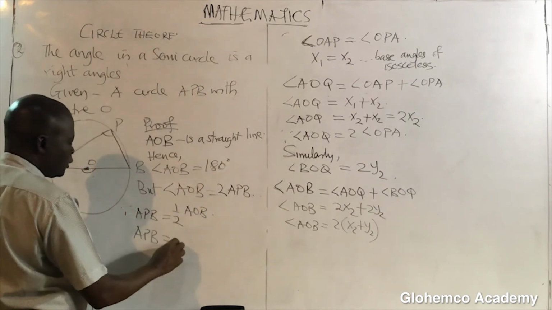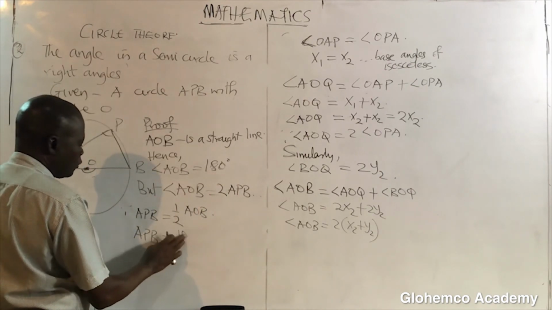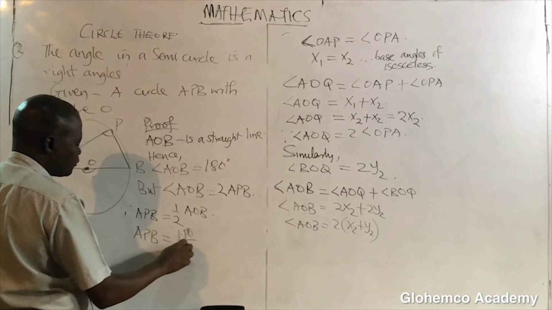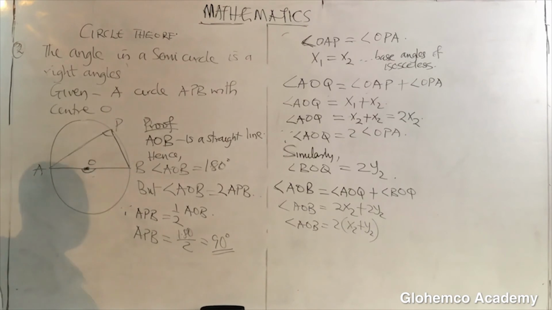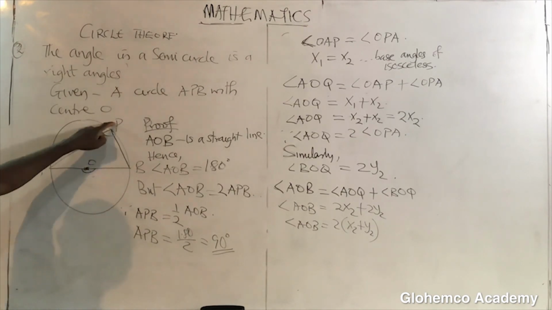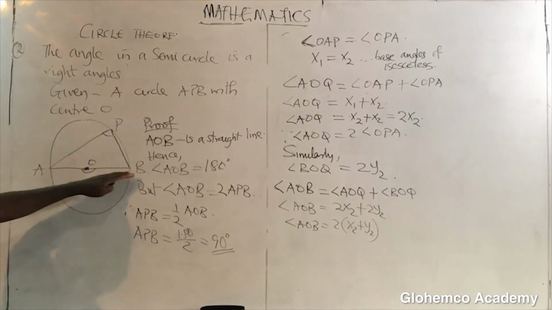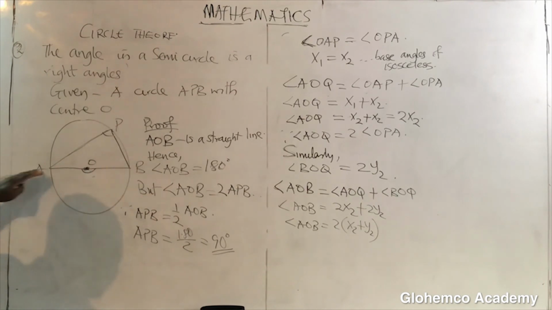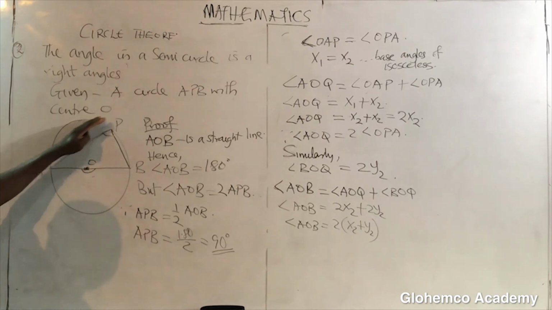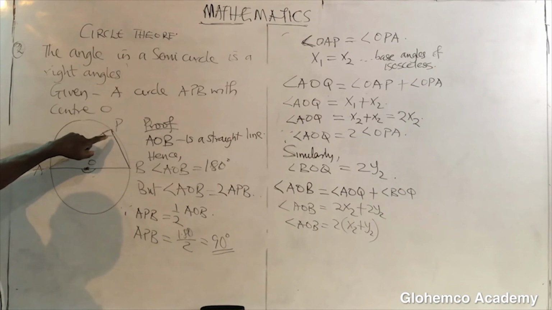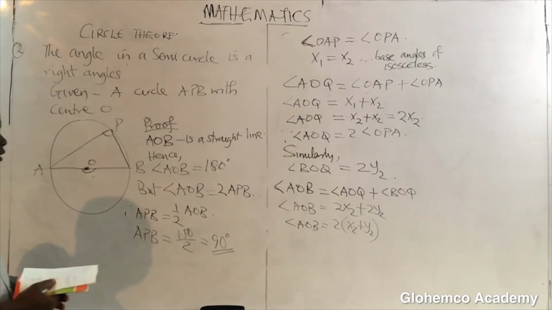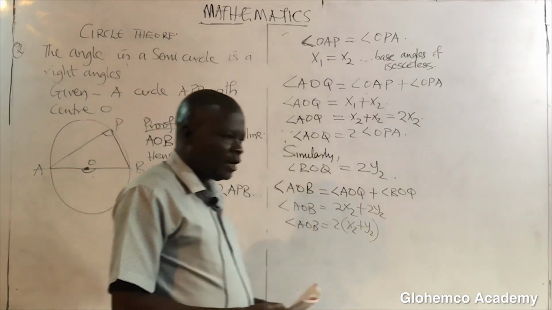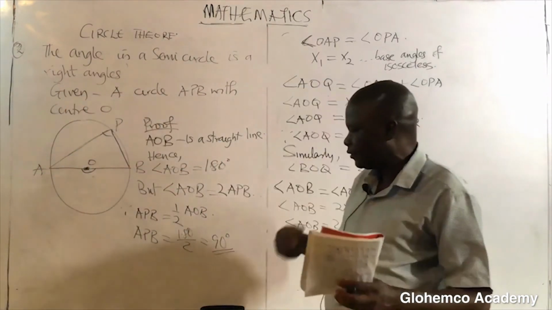So half of AOB is 180 divided by 2, which equals 90 degrees. It means that once you have a straight line or a diameter, the angle at the circumference must be equal to 90 degrees.